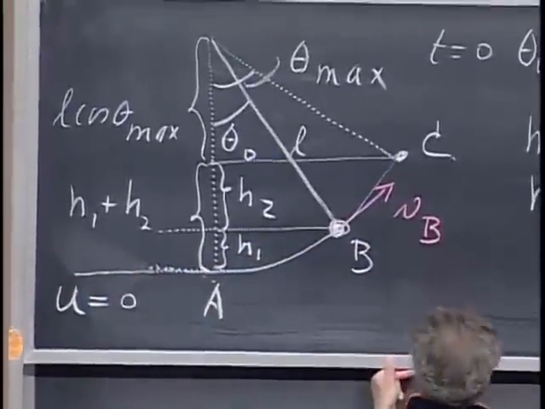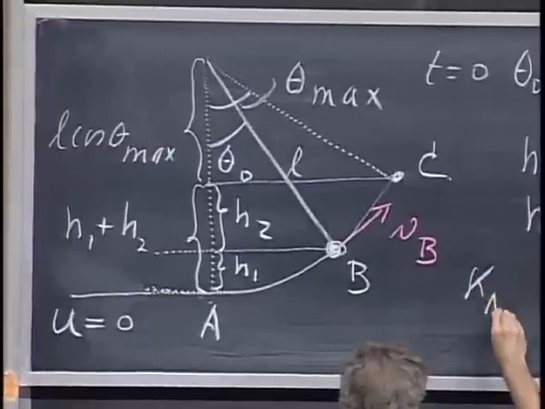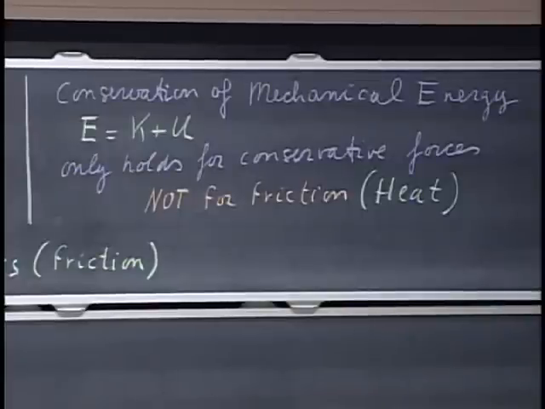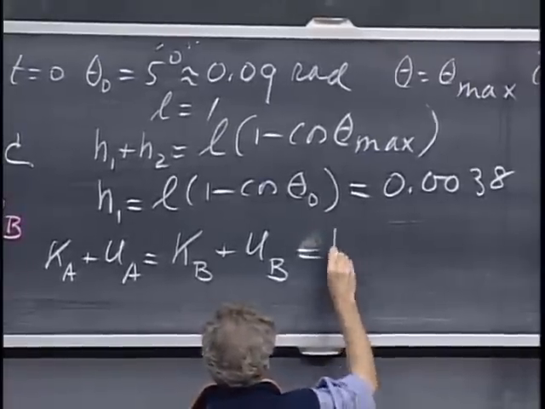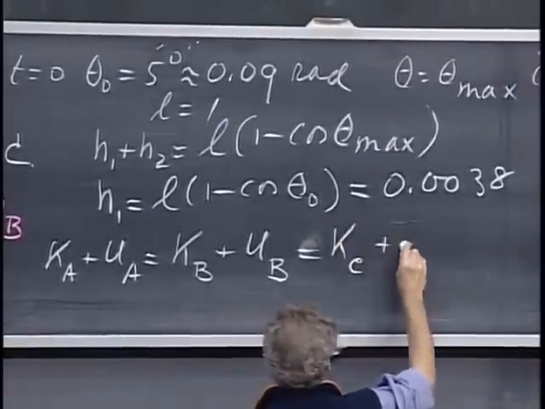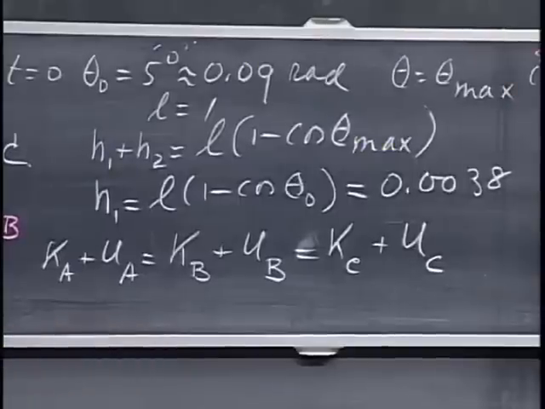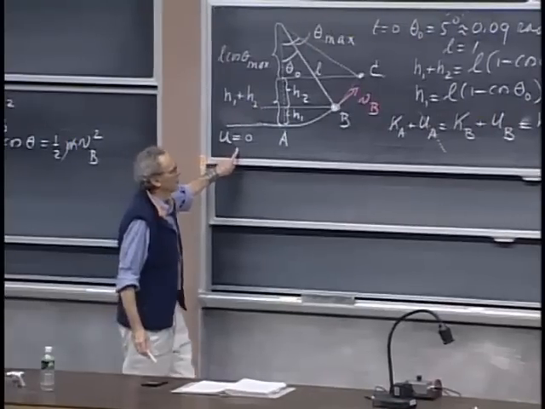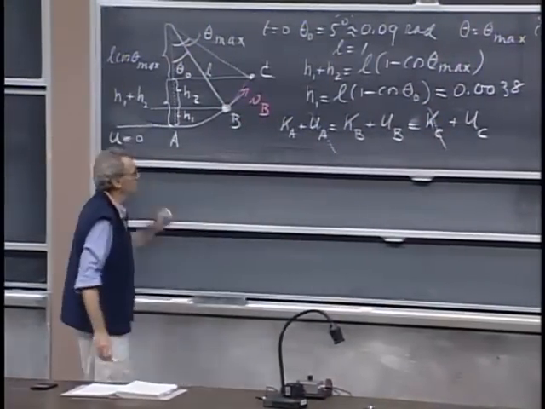And we're going to apply the conservation of mechanical energy, which means that the kinetic energy at A plus the potential energy at A must be the kinetic energy at B plus the potential energy at B, which equals the kinetic energy at C plus the potential energy at C. Now the potential energy at A is 0, because we define it that way. The kinetic energy at C is 0 because it comes to a halt.